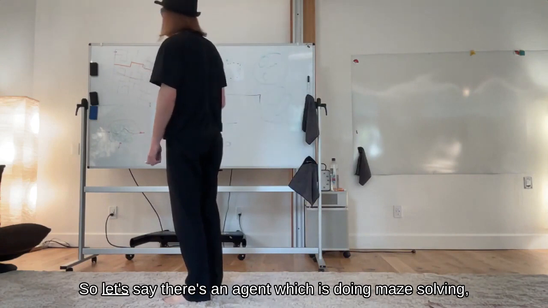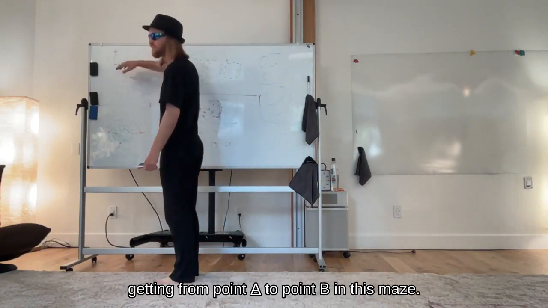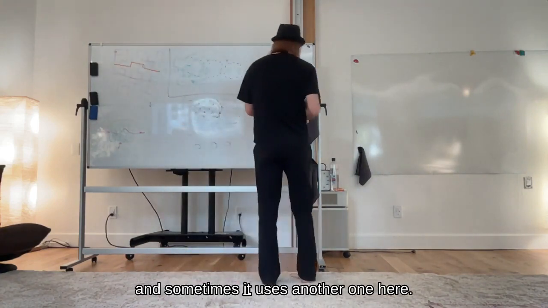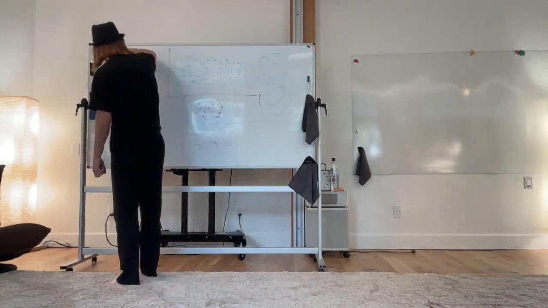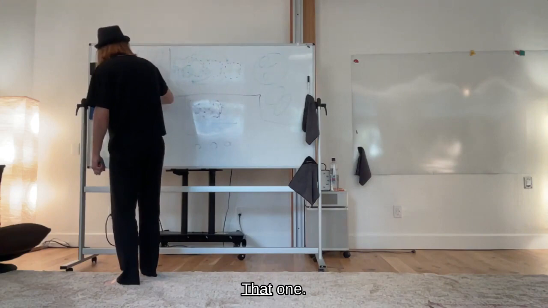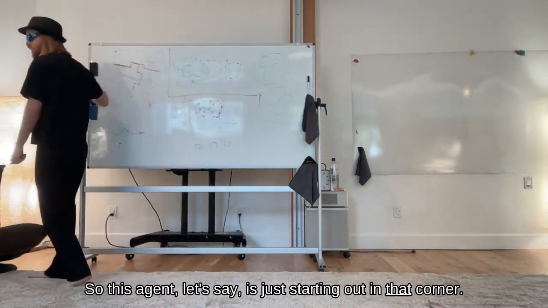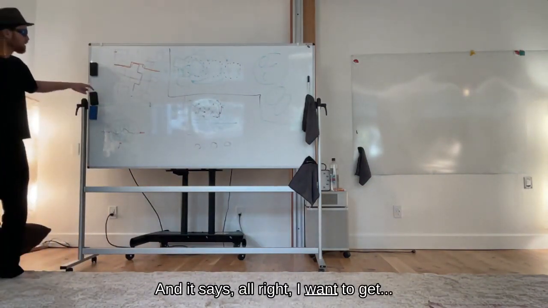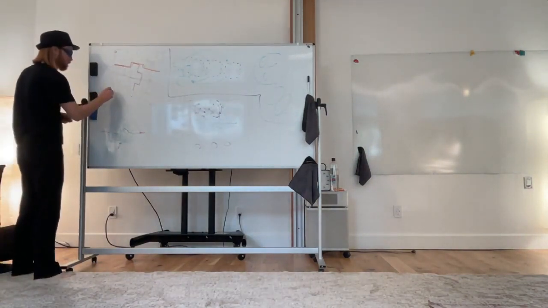So let's say there's an agent which is doing maze solving, getting from point A to point B in this maze. Sometimes it uses this heuristic, and sometimes it uses another one. This agent is just starting out in that corner, and it says, all right, I want to get over here.